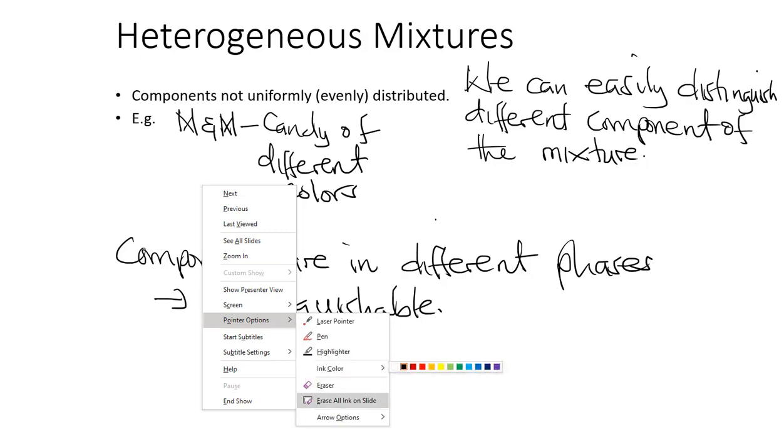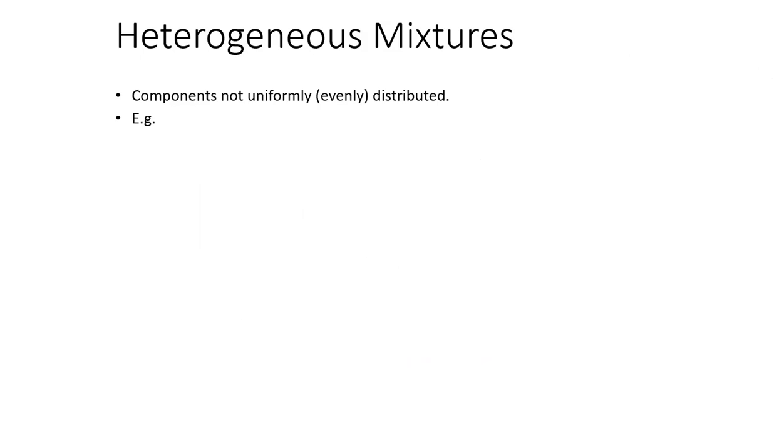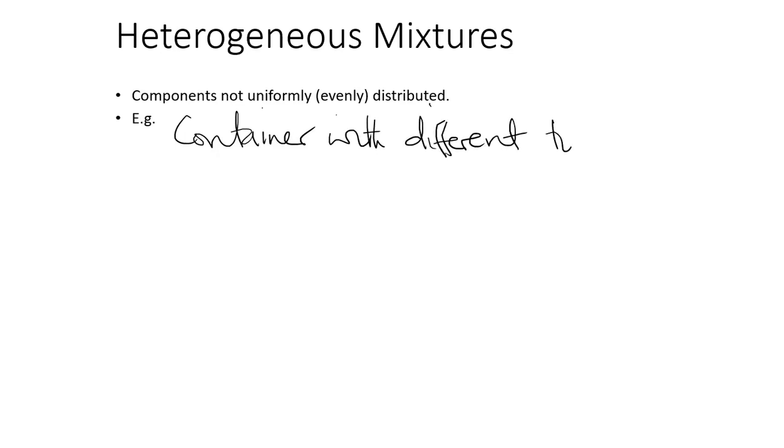Another example of a heterogeneous mixture: we can have a container with different types of rocks. It's easy to distinguish these different types of rocks.